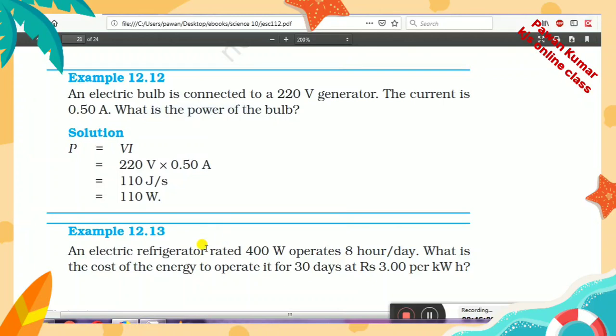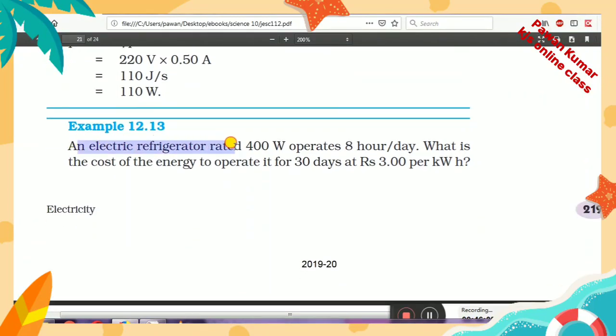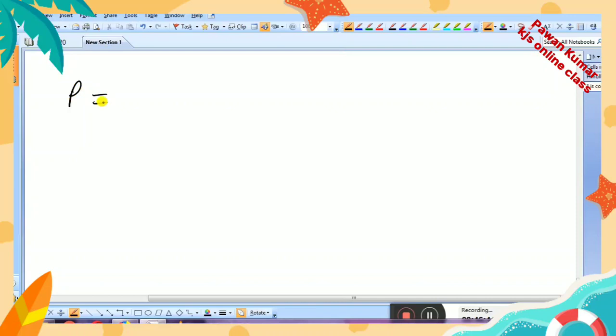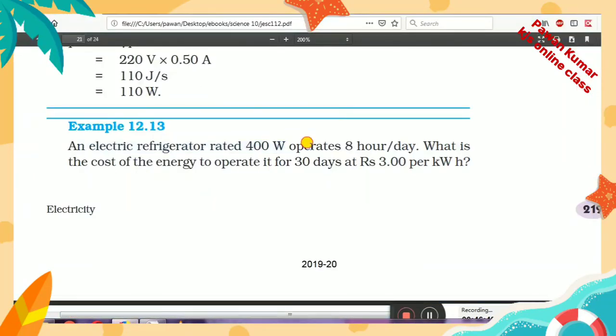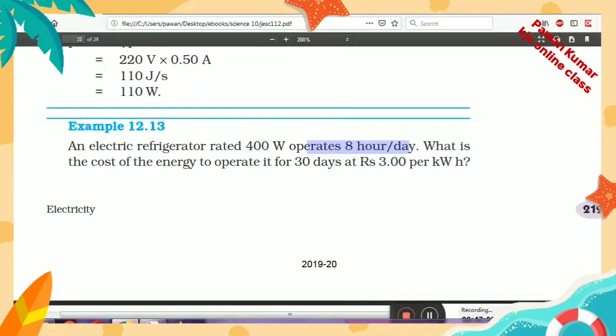Next question. What is the next question, children? An electric refrigerator rated 400 watt. Power is 400 watt. It is operated 8 hours a day, per day means in one day.